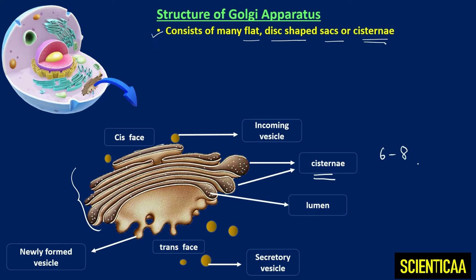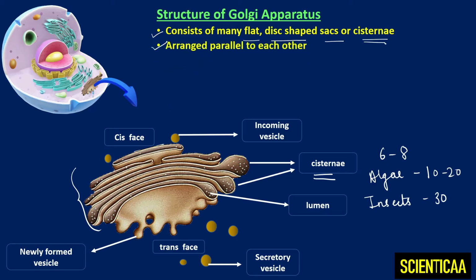So generally 6 to 8 cisternae are present in the Golgi apparatus. However, in some algae, the stacks can be 10 to 20 cisternae. In some insects, it can even go to 30 cisternae in one Golgi apparatus.